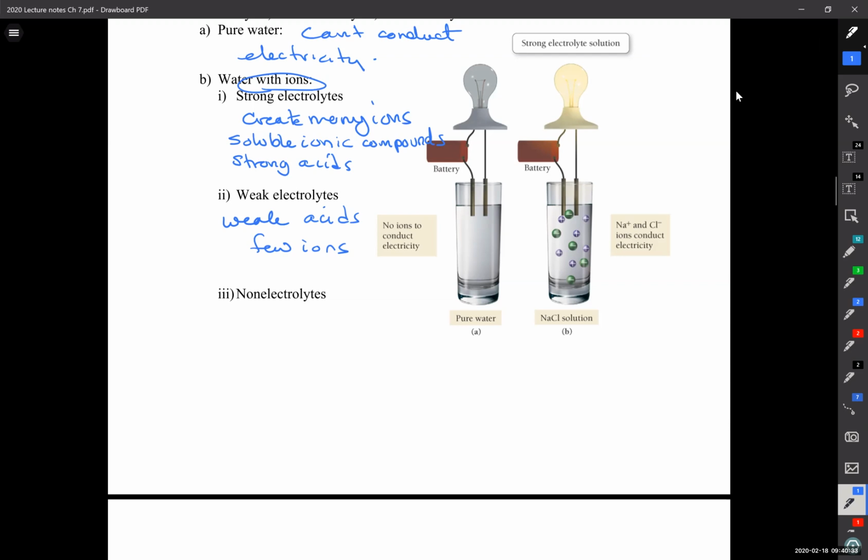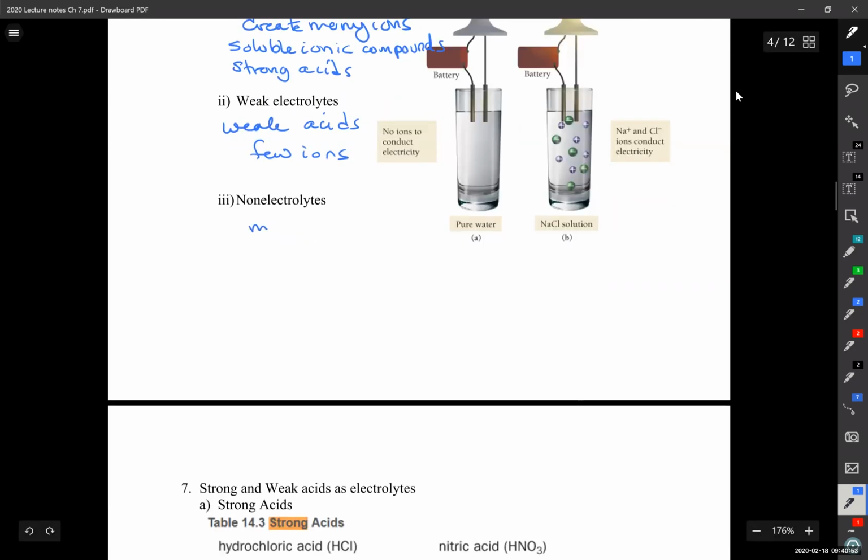What kinds of things don't make ions when they dissolve? What did we talk about in the last hour or so? It's soluble, but non-ionic compounds. What was the other kind? Molecular compounds, right? So when molecular compounds dissolve in water, they don't produce any ions, and so those are non-electrolytes.